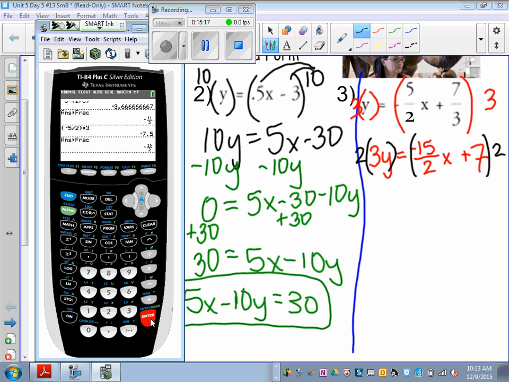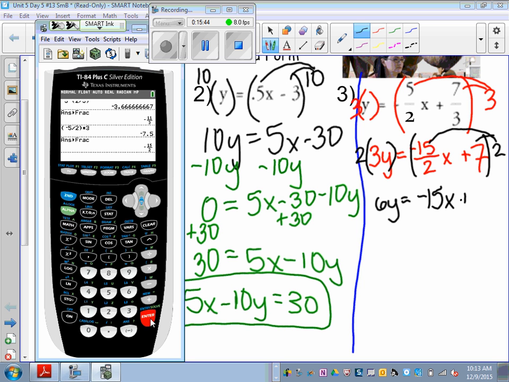Alright, so 2 times 3y is 6y. And again, we have to distribute this just like up above. We have to distribute our 3. So when we multiply 2 times negative 15 halves, what do we get? Negative 30 divided by 2, which is negative 15.